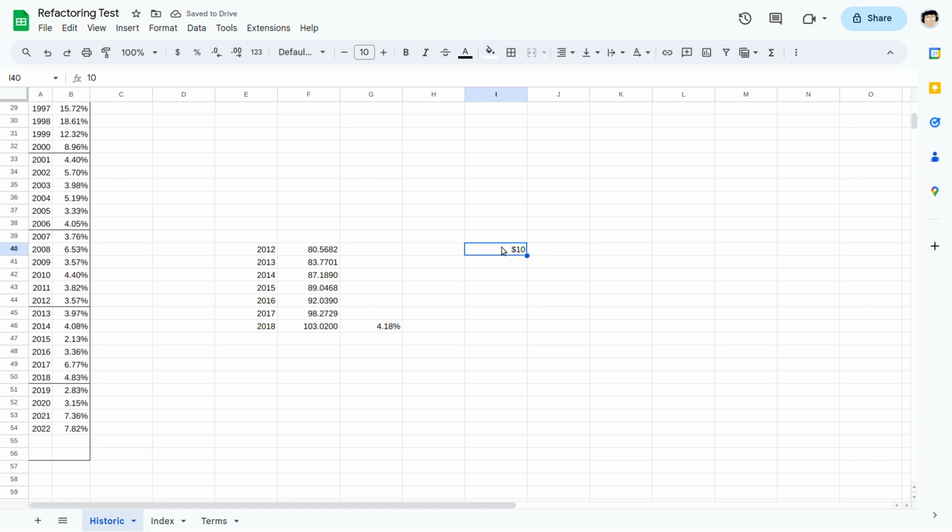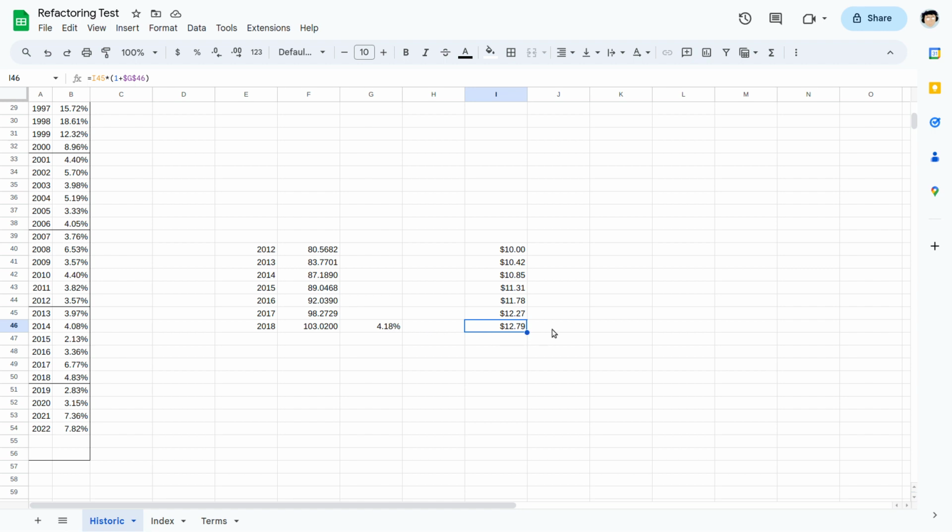So, let's say something costed like 10 pesos at this point. Then 1 year later is this times this, oh, my, plus 1. Okay, it's not very clear from here.